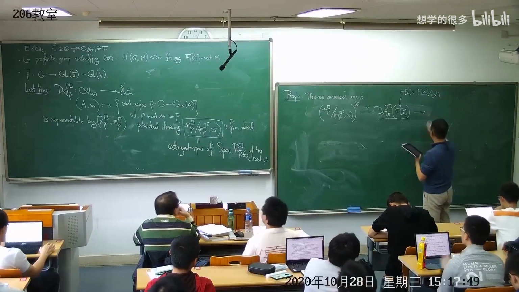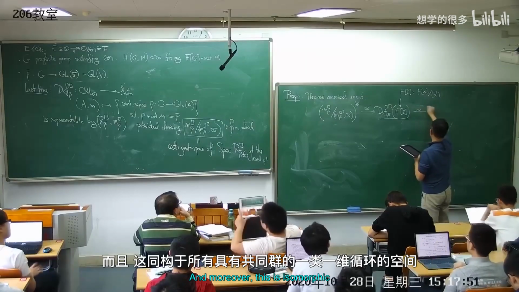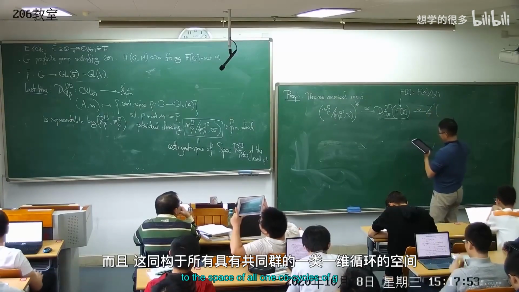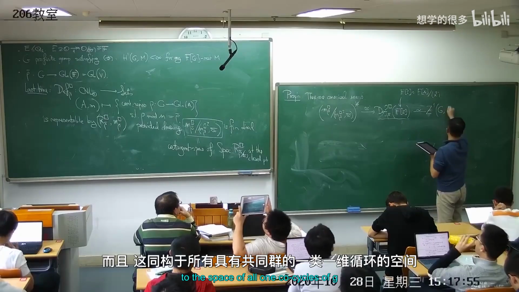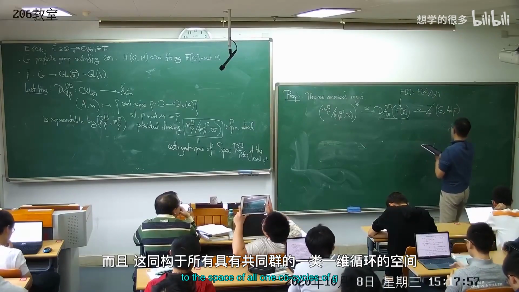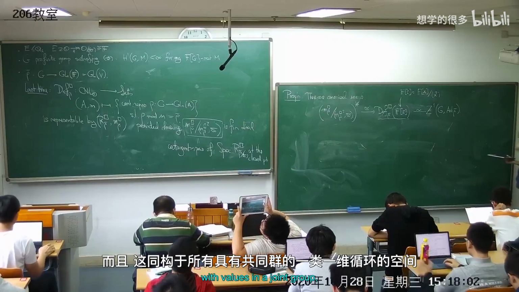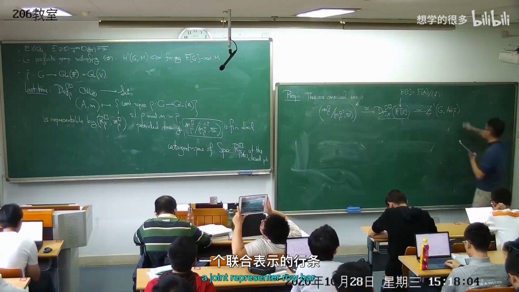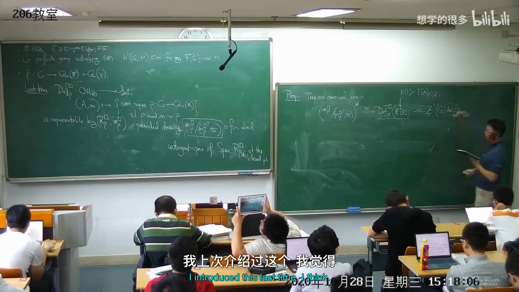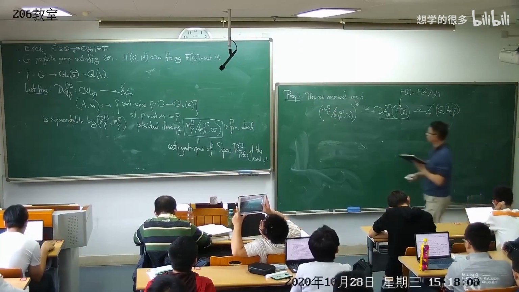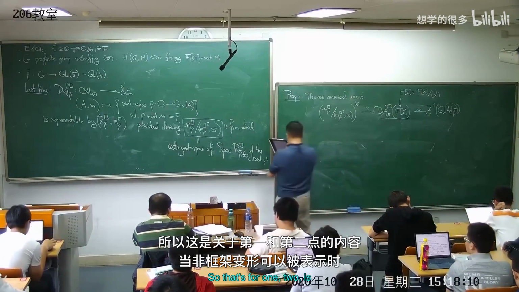Moreover, this is isomorphic to the space of all one-cocycles of G with values in the adjoint representation, ad rho bar. I introduced this last time, I think. So that's for 1.